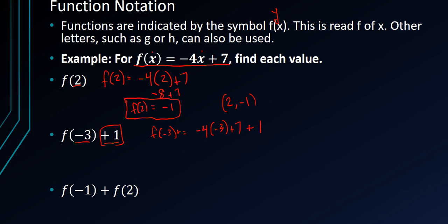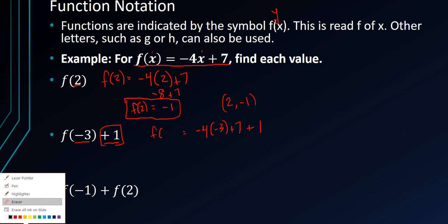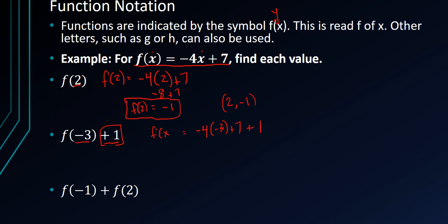So f(-3) + 1, and I'm actually going to leave these as f(x), just so you're not as confused. So I'm doing -4 times -3 is 12, plus 7, plus 1. So 12 plus 7 is 19, plus 1 is 20. So when I actually plug in -3 for x and add 1, I get 20 as my answer.